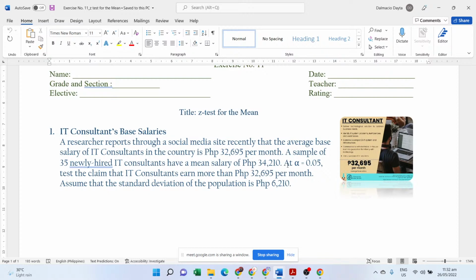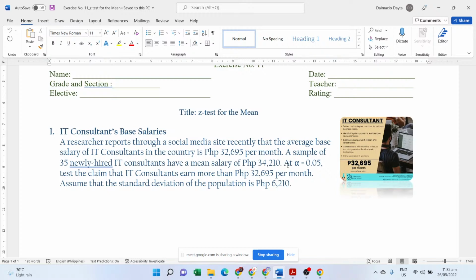Test the claim that IT consultants earn more than 32,695 per month. Assume that the standard deviation of the population is 6,210.